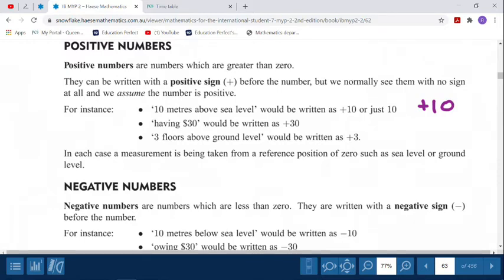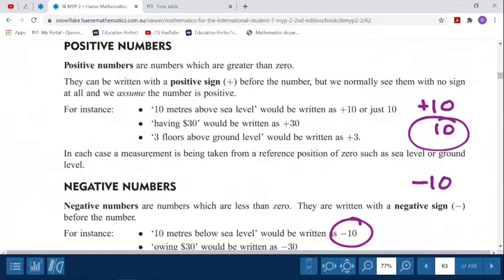But negative numbers, however, must have their minuses. So if you want to write negative 10, you have to put that negative in front of it, or else you cannot assume it's negative. Because if you don't have a minus in front of it, then it's not negative 10, but positive 10. Yeah? So you have to have the negative in front of negatives. You do not have to write the positive in front of a positive.